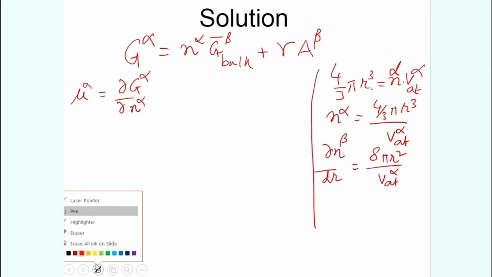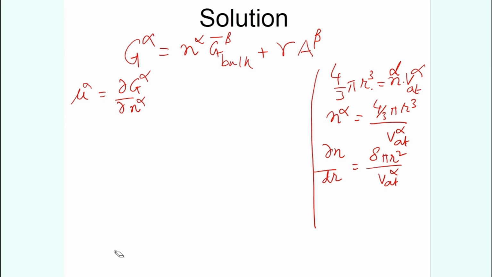I must be careful enough. This should be alpha, why is it beta, correct. So that is equal to, come on, we are talking about alpha phase, we are writing beta phase.